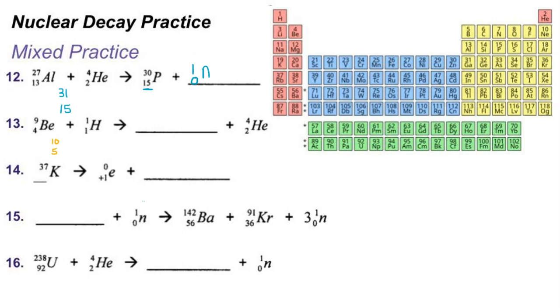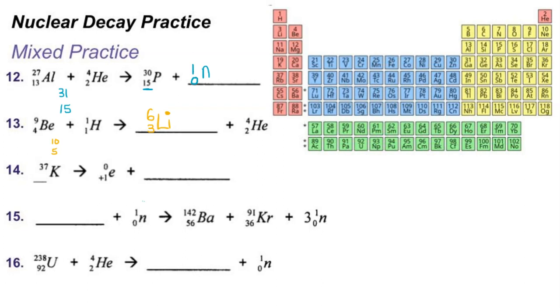So 2 plus 3 more will give us 5. 4 plus 6 more will give us 10, and so we know that our particle has a mass of 6 and 3 protons. So that has to be an isotope of lithium with 3 protons, because we know the number of protons defines the identity of our atom. So 6 and 3, lithium is what fills in this blank correctly.